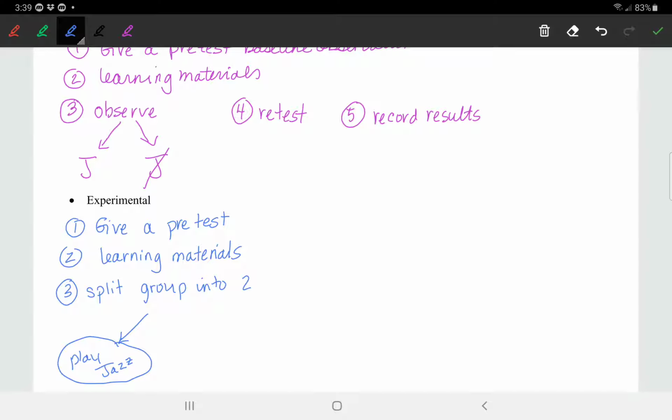But anyway, the researcher will in some way give a certain portion of that group or half of the group jazz to listen to, and they would give no jazz to the other. All right, then give the students some time to do the learning. Then you would do the retest. And then 5, you could record those results.